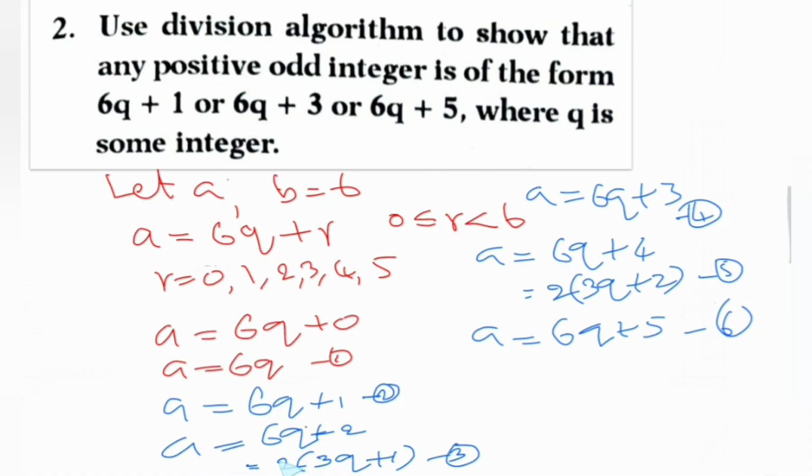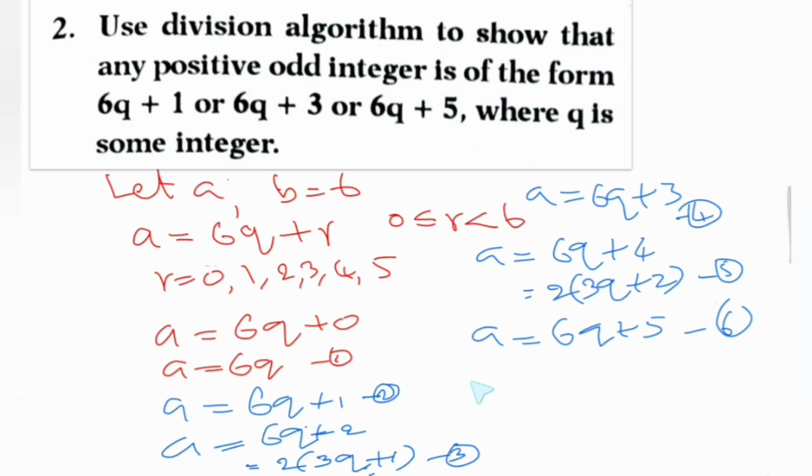And the third one is 2 into 3q plus 1. It's a number 2 multiplied, so it is even number. Fourth one is also 6q plus 3. Plus 3 means it is odd number. And the fifth one is 2 into some number. It is even number. And the sixth one is also odd number.